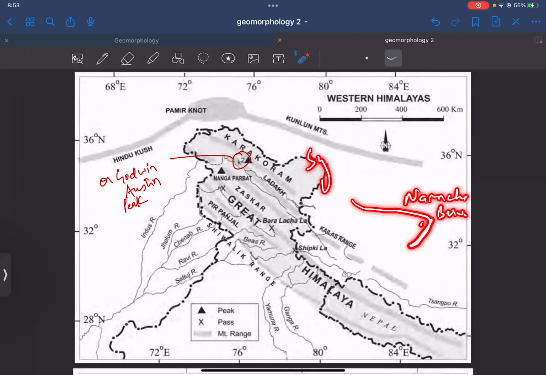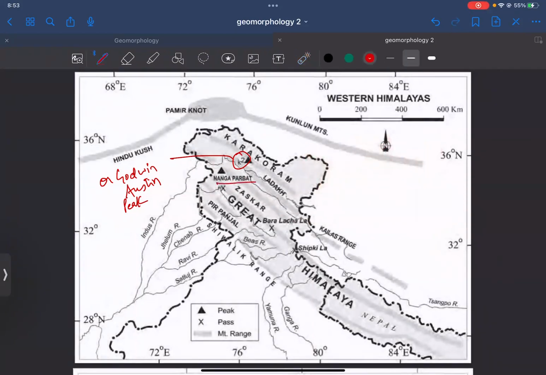We also call them syntaxial bends. This was also asked by UPSC in a previous year. The syntaxial bend is found in the Himalayas in two regions: Nanga Parbat and Namcha Barwa. Nanga Parbat in the western Himalayas, Namcha Barwa in the eastern Himalayas.